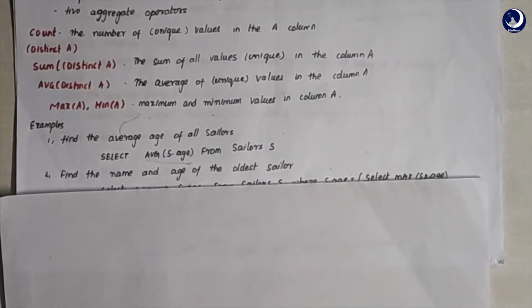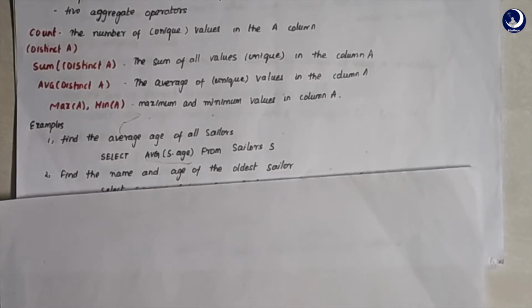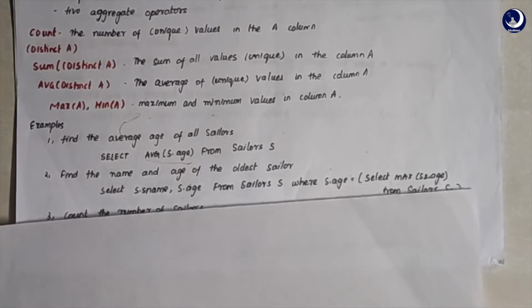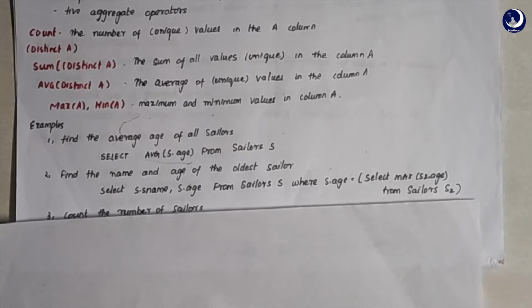Let's look at the second example, which is find the name and age of the oldest sailor. We want the name and age of the oldest sailor. Now how can we get the oldest sailor? Of course, we should perform the maximum function on the age. Only then will we get the oldest sailor. So the answer for this would be the use of the max function.